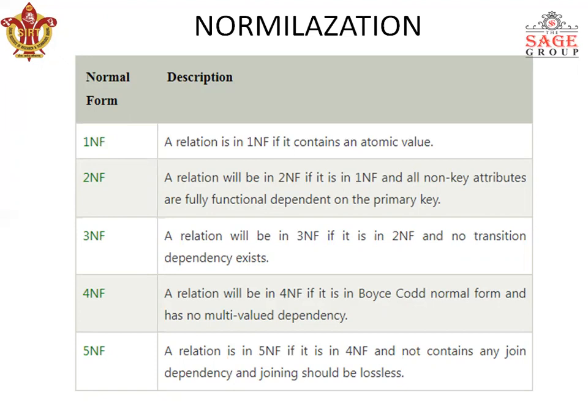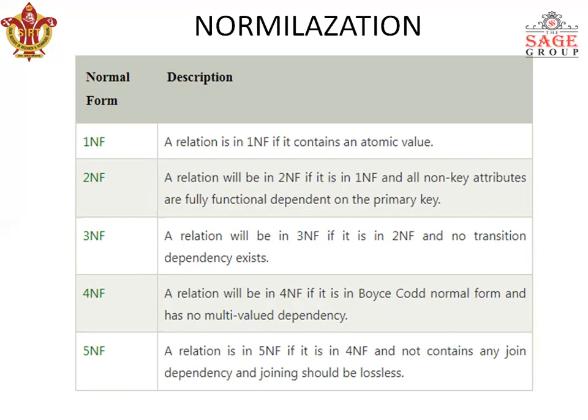Basically, in this structure, we want to give the definition of each normal form. First normal form is based on the atomic value. Second normal form is related with full functional dependency.